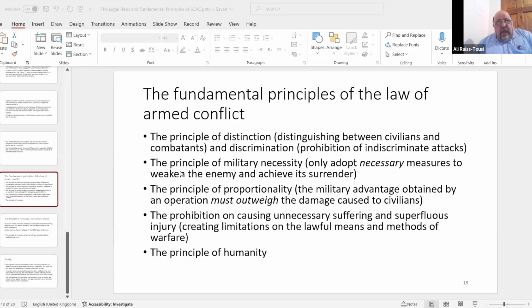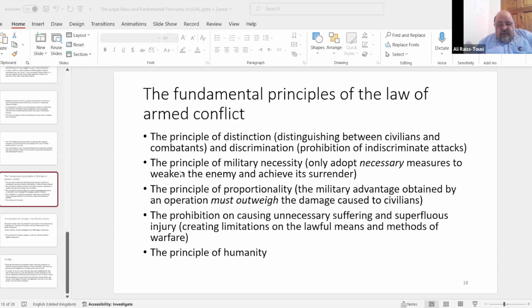The Hague Law from 1907 says no poison gases. More recently, 1993, the Chemical Weapons Convention, a treaty banning chemical weapons. Why? They cause unnecessary suffering and injury. The Biological Convention from 1972 is another example.